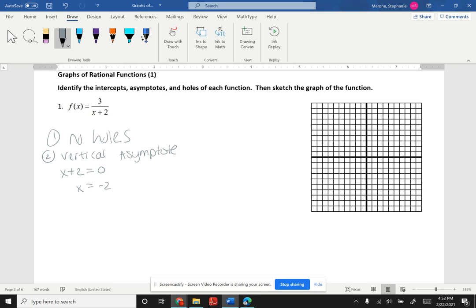Well, the bottom is equal to 0 when x is negative 2. So I set the denominator equal to 0 and I solve for x. So that means that there's a vertical asymptote at x equals negative 2. And I would graph it as you find it personally. So this is not part of the graph, but it's just marking. The graph isn't going to go through it or touch it.